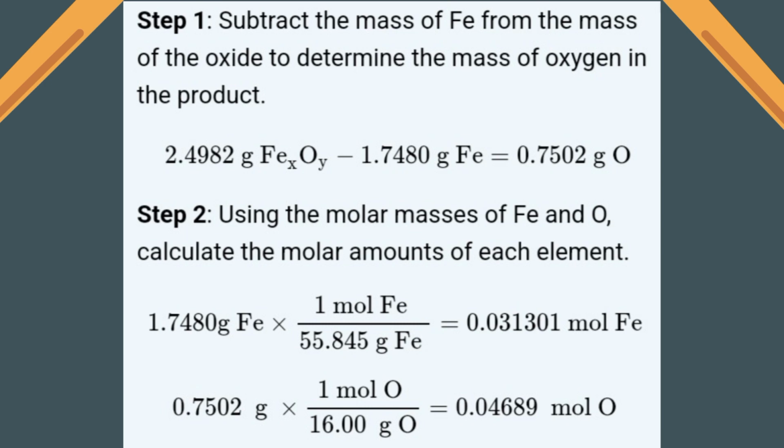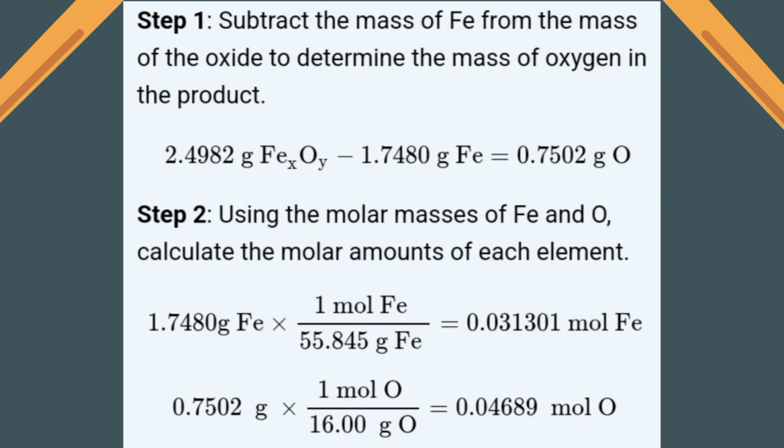So 1.7480 grams of iron times 1 mole of iron over 55.845 grams of iron, since there are 55.845 grams of iron in every 1 mole of iron. That is 0.031301 mole of iron.